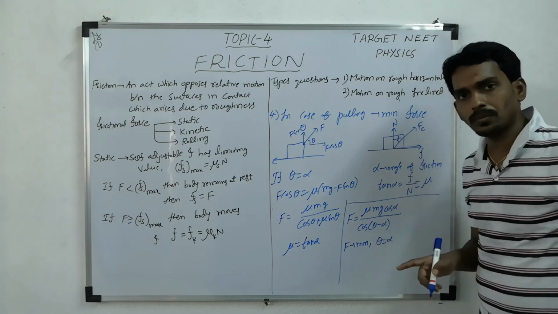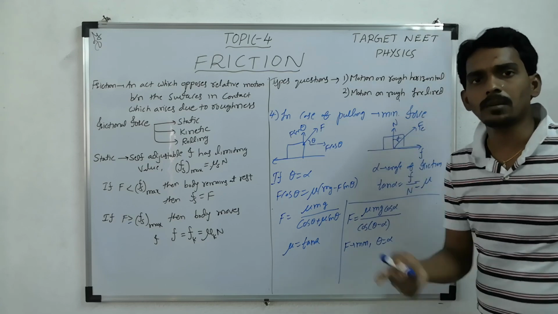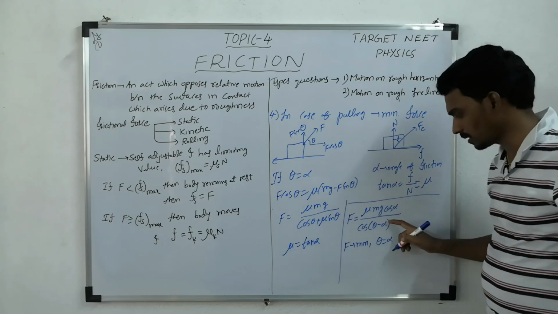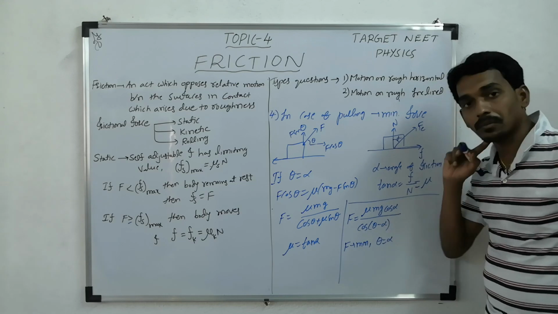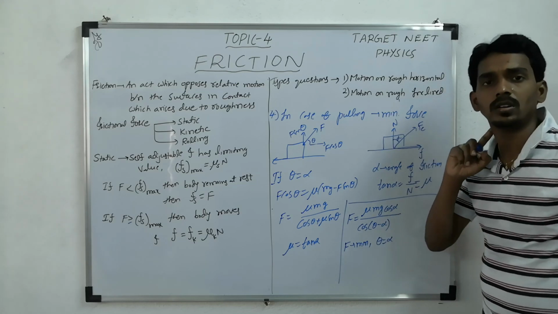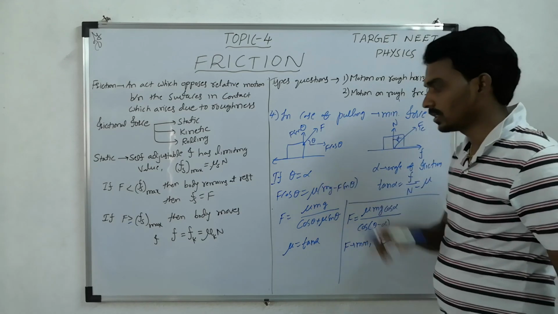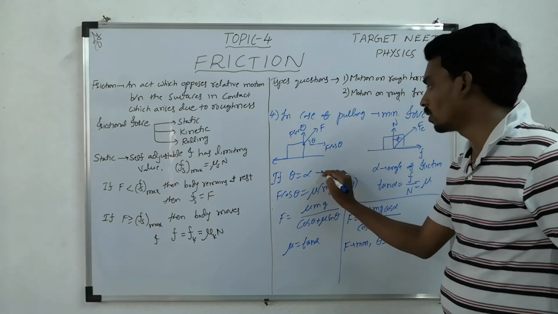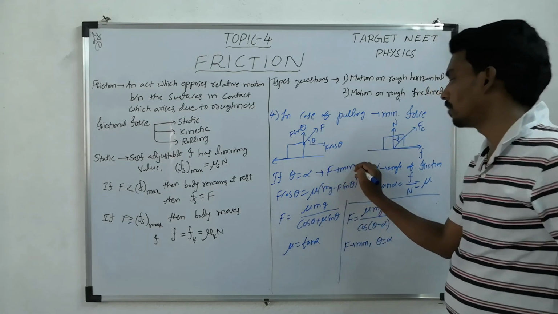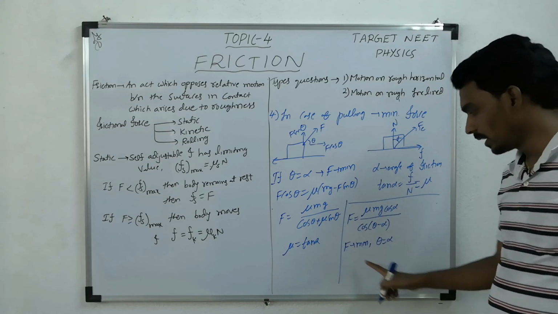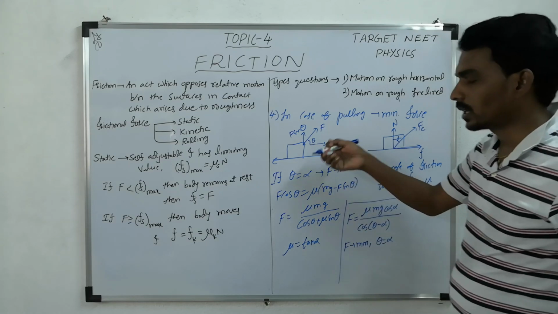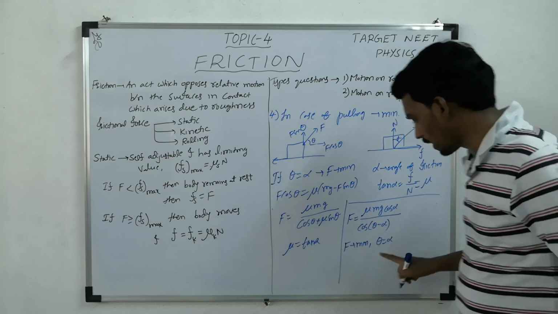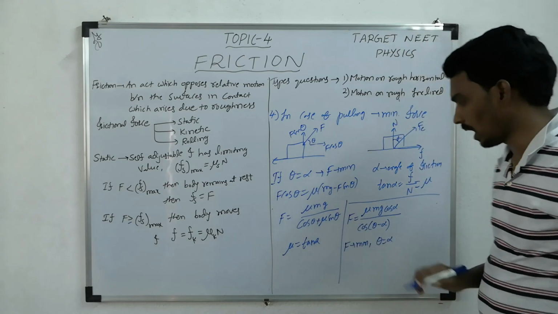What is the maximum value of cos? 1. When does it become maximum? When the angle is 0. Theta minus alpha is 0, so theta equals alpha. That's why I mentioned this condition. If theta equals alpha, then F is minimum. So the force required to pull the body is minimum under the condition theta equals alpha.